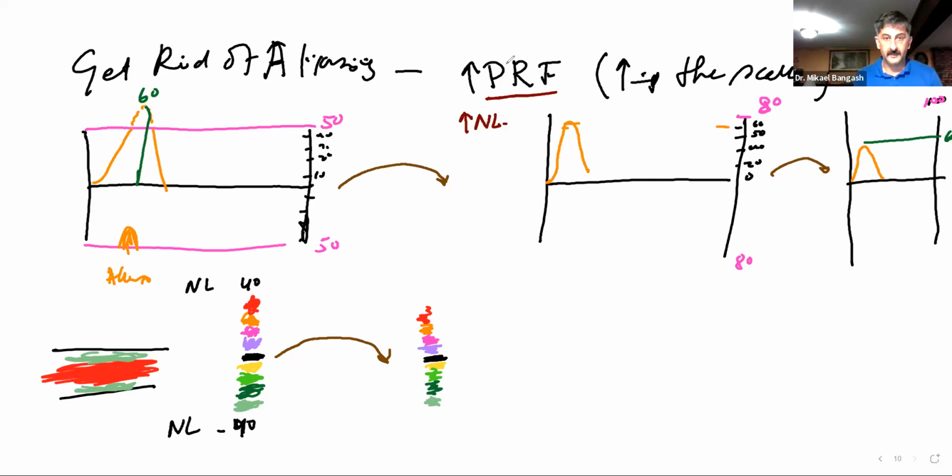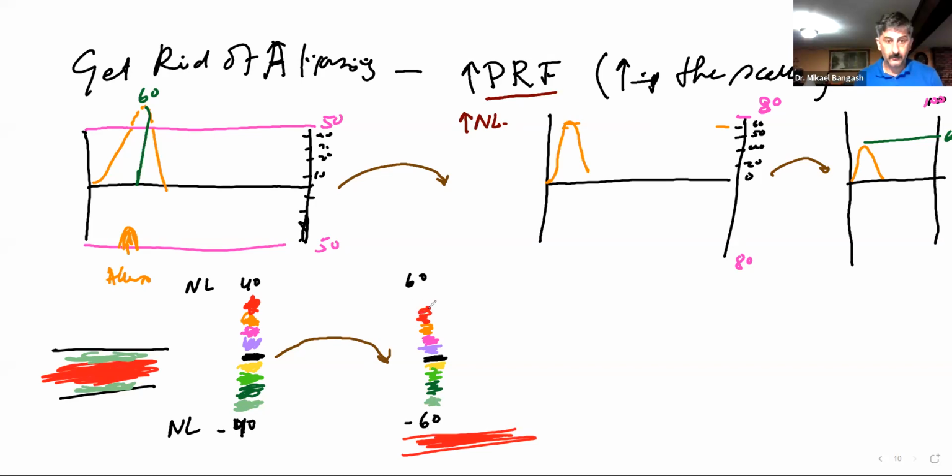But what you may see is that this increases to 60 and minus 60. And what you may see is that now your aliasing is gone, and the whole vessel is going to be filled out with red color.